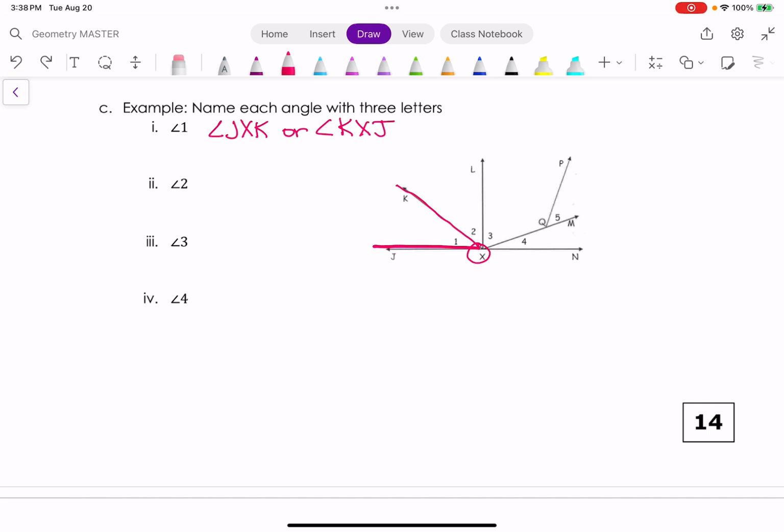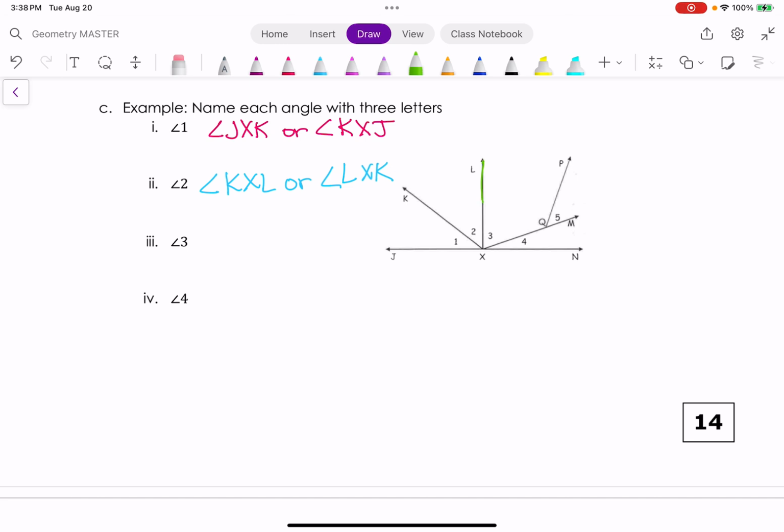Angle 2, I'm going to erase all that for you. This is angle 2 right here. So I'm going to trace it. And angle 2 is going to be named KXL, or I can reverse that and do the L first, LXK. So it can be either way as long as the vertex is in the middle.